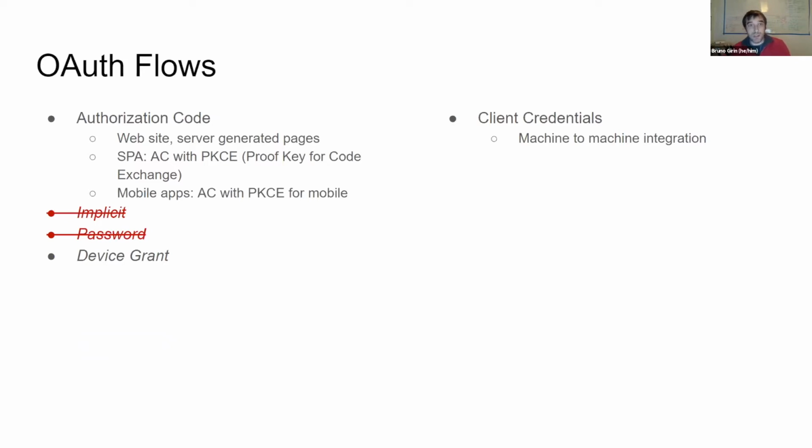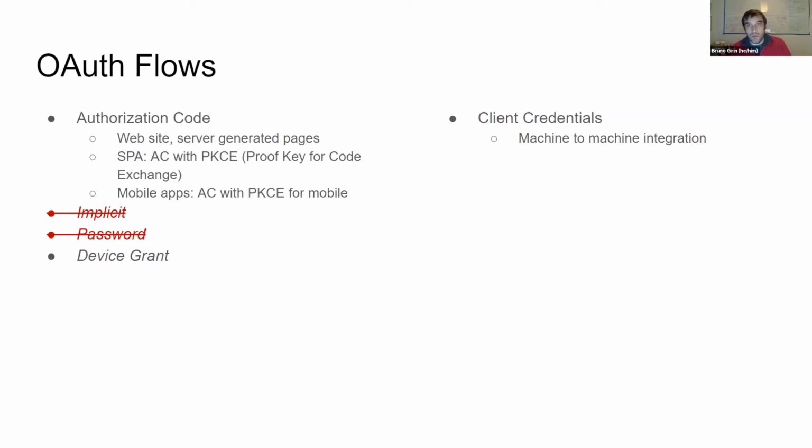In practice, there is one flow that you really need to deal with when you do front-end work, which is the authorization code flow. That's the flow used for websites, single-page applications, mobile apps. This is the key one to know.